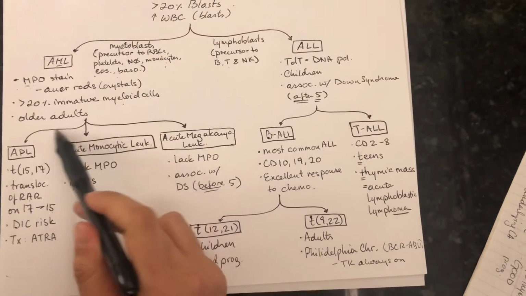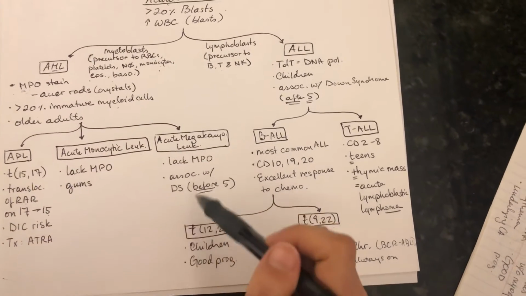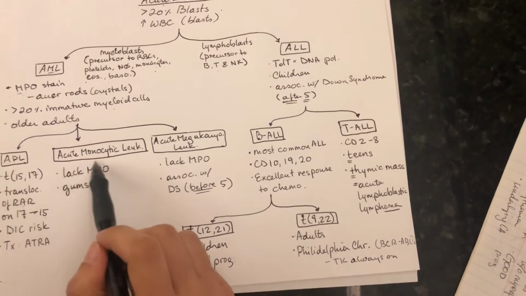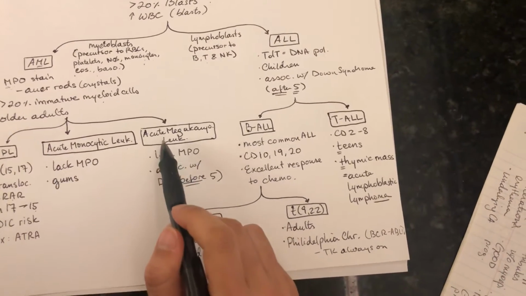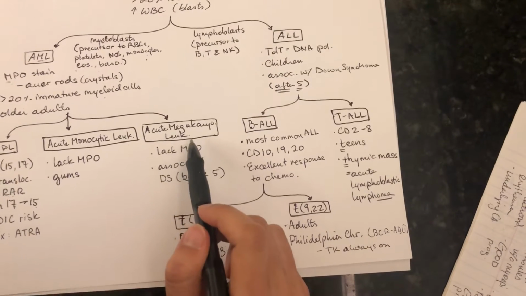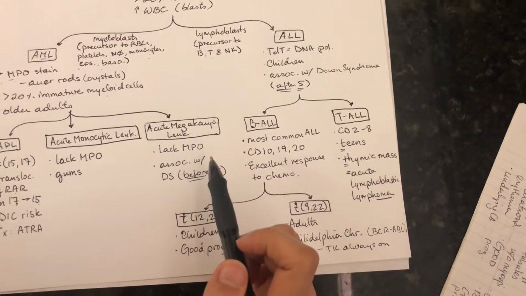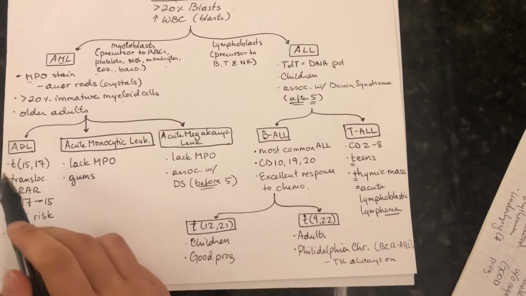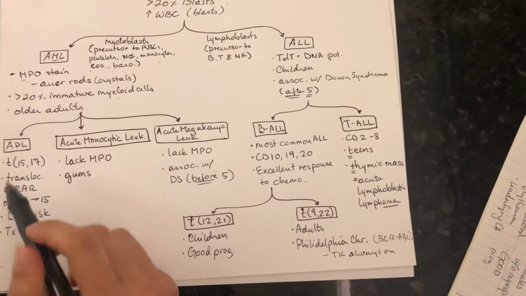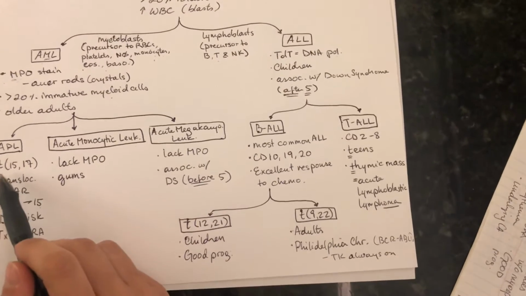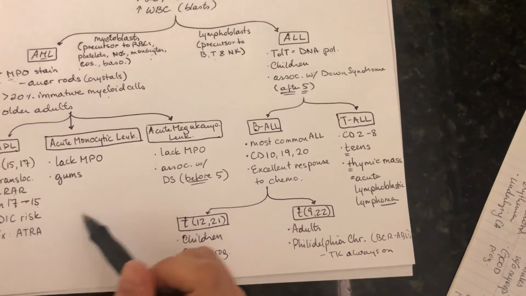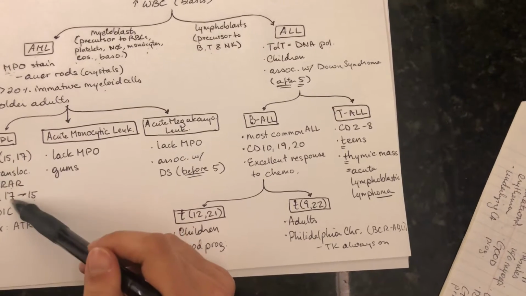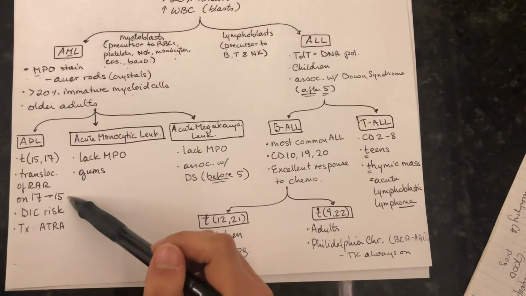AML can be further subdivided into 3 categories as well: acute promyelocytic leukemia, acute monocytic leukemia, and acute megakaryocytic leukemia. APL is due to a translocation of the retinoic acid receptor on chromosome 17 onto chromosome 15.